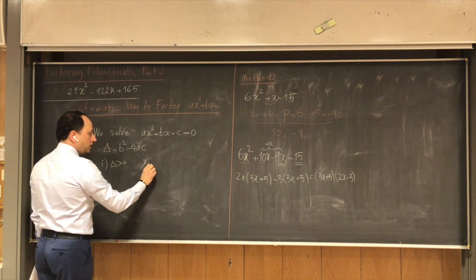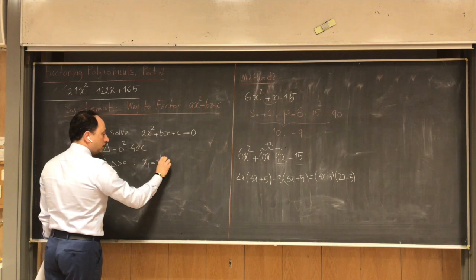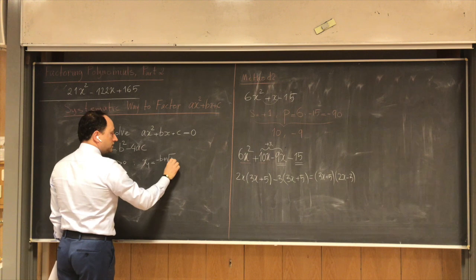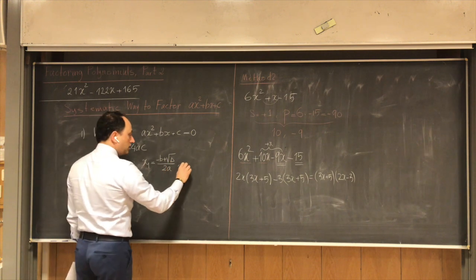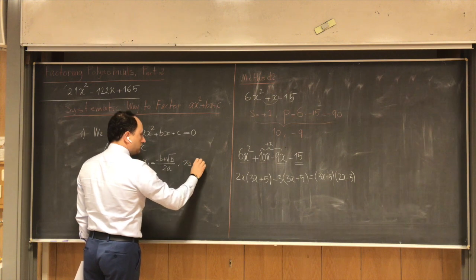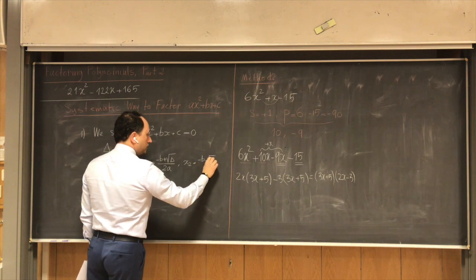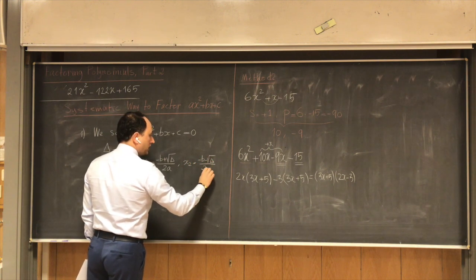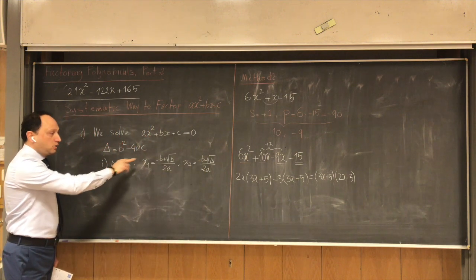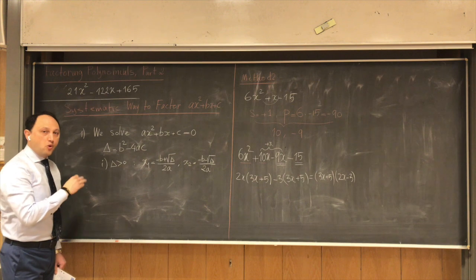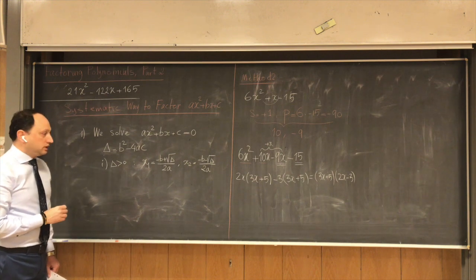One root, x1, is minus b plus square root of delta, divided by 2a. The other root, that I will call x2, is minus b minus square root of delta, divided by 2a. So if delta is positive, then I will have these two roots, both from the set of real numbers.